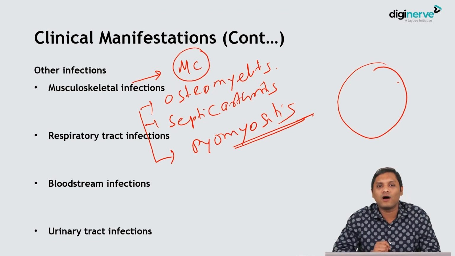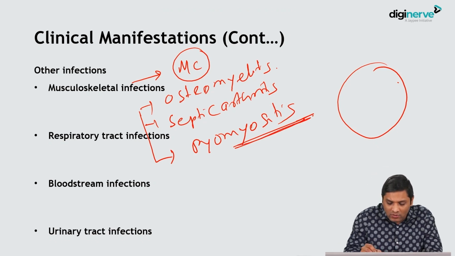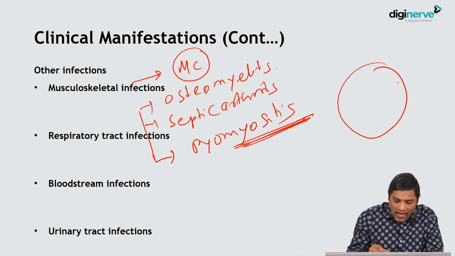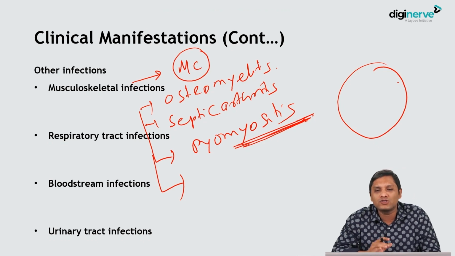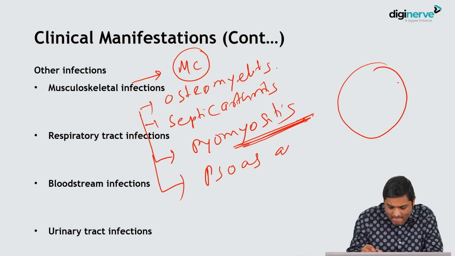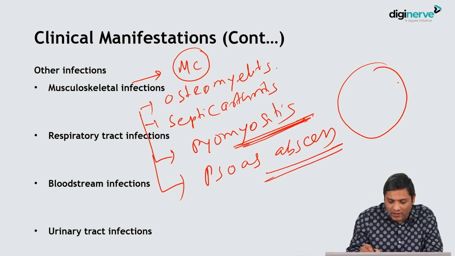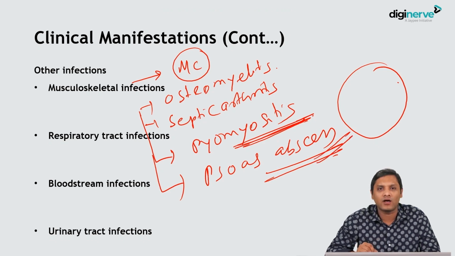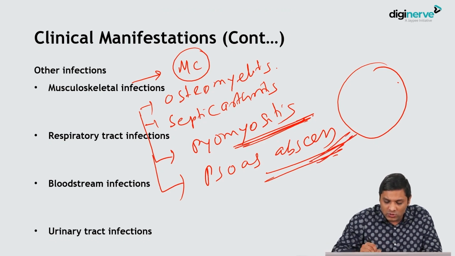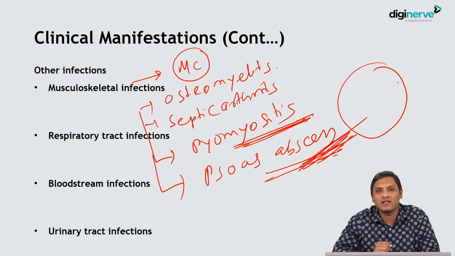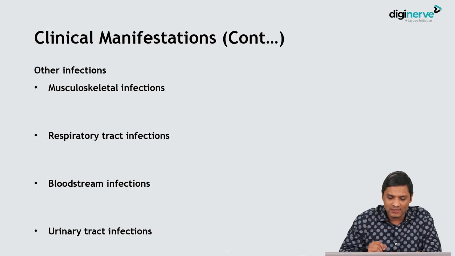Pus formation in the muscle region is called pyomyositis. Staphylococcus aureus is the most common cause of pyomyositis. Abscess near the iliopsoas muscle is called psoas abscess. It is a retroperitoneal collection of pus near the iliopsoas muscle. So these are the various musculoskeletal infections caused by Staphylococcus aureus.